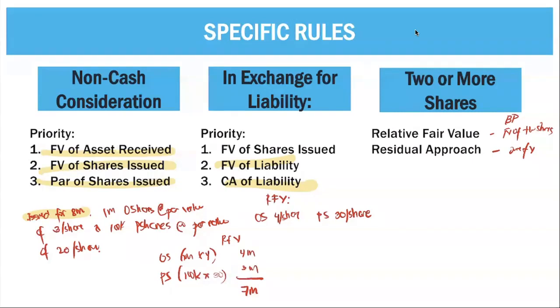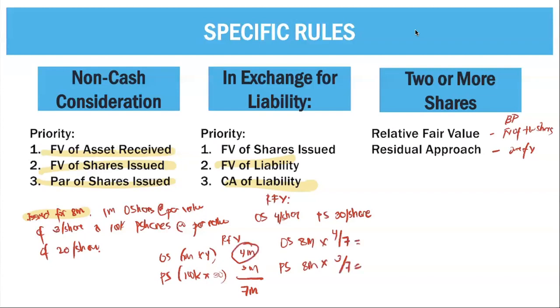After that, we allocate now the OS and PS basket price. So our basket price is 8 million. We multiply it to our relative fair value. 4 over 7 for OS because we have 4 million. For PS, we have 3 million over 7.